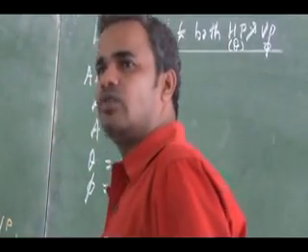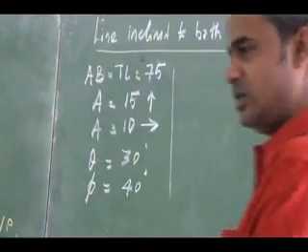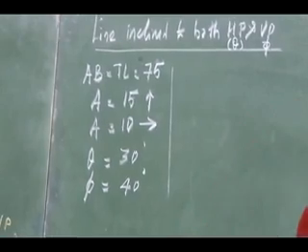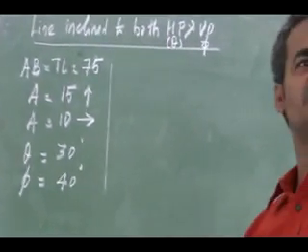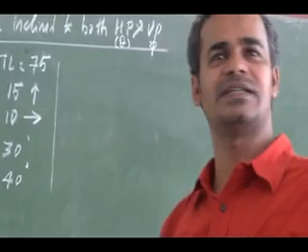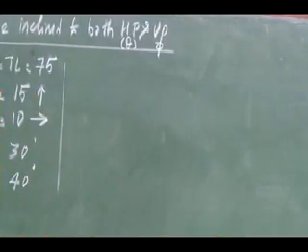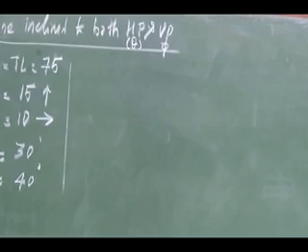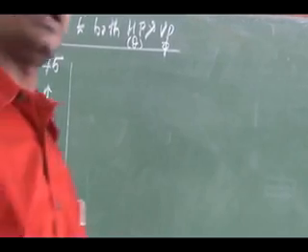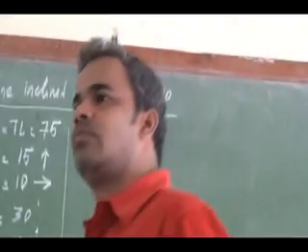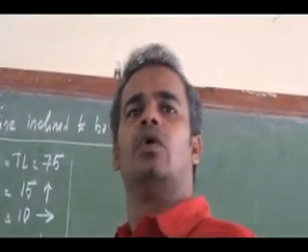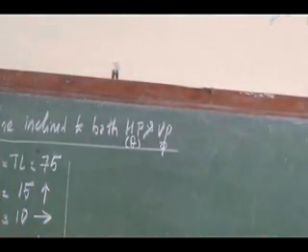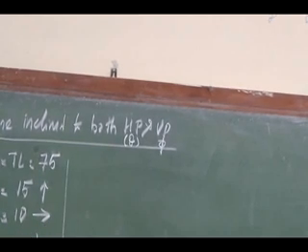So what I am going to do first is assume the line is only inclined to HP and parallel to VP. I will project that and end up with some results. Then in the second case, I will assume the line is only inclined to VP.